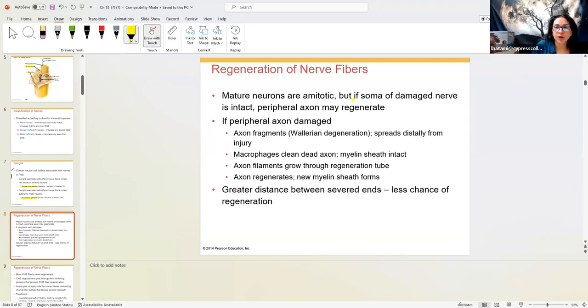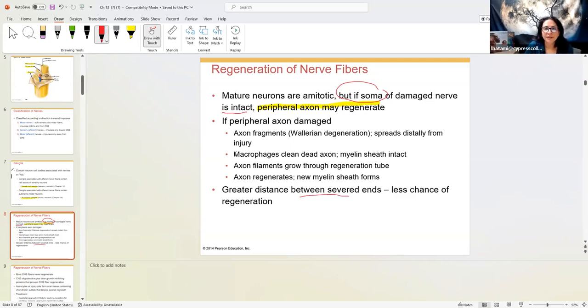Please make sure you remember: a peripheral axon may regenerate if the soma, or cell body, of the damaged nerve is intact, and the two ending parts of the damaged nerve fibers are close to each other. Then we have regeneration of the nerve fiber.